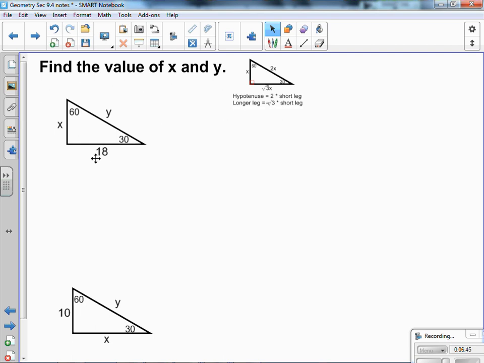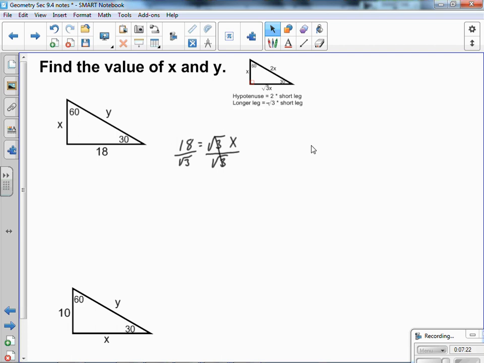So starting off, since they gave us the long leg, and we know that the longer leg is equal to the square root of 3 times the short leg, I can say 18 is equal to the square root of 3 times the short leg, which is the x. And that's kind of like the last example we did. We're going to divide both sides by the square root of 3, which gives 18 over the square root of 3. That is technically the answer, but we can't leave it that way.